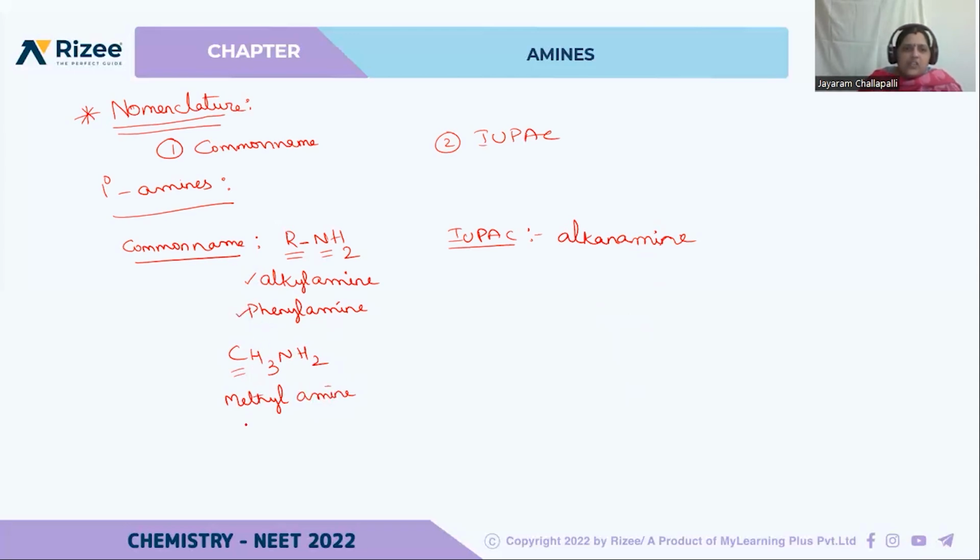Instead of CH3, if a C6H5 phenyl group is present, we will call it phenylamine, or one popular name for this compound is aniline. Then what about the IUPAC name for the same thing?